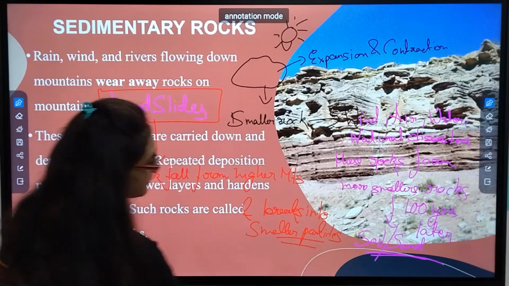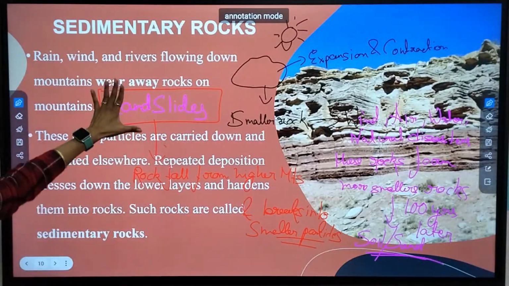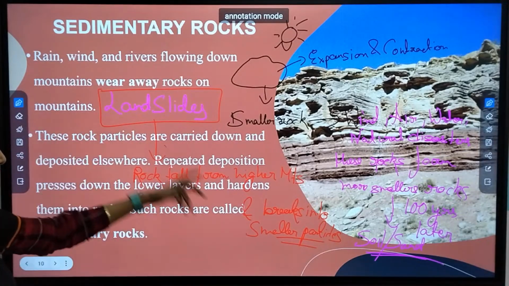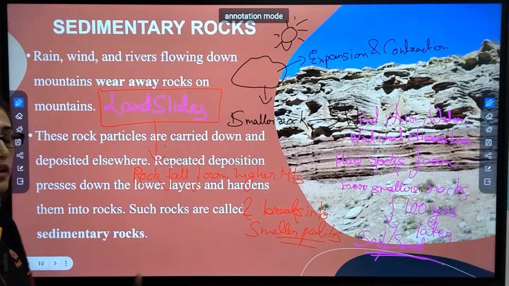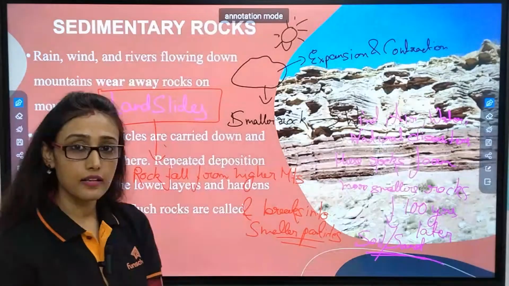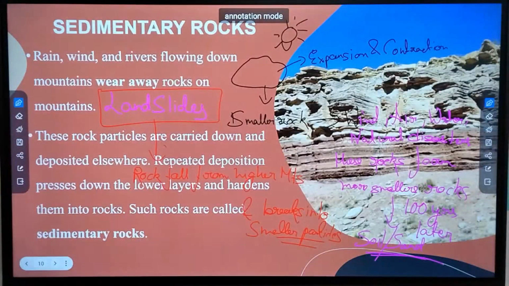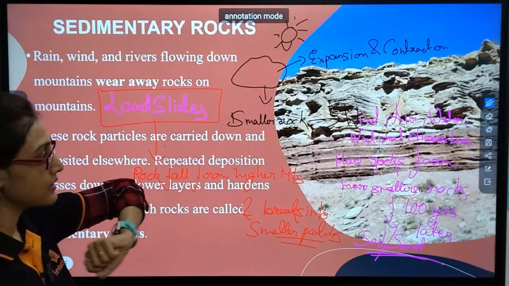Often rocks fall from the higher part of the mountain to the lower part, and during this falling, they break down the soil. They are being washed away with water. Everything is happening due to this weathering condition.